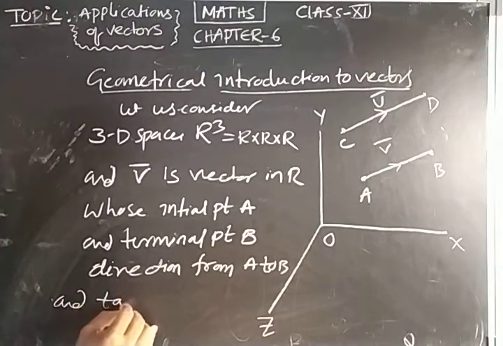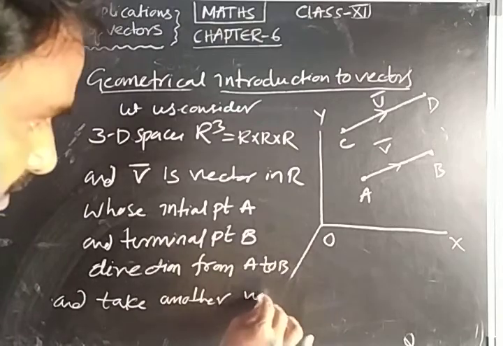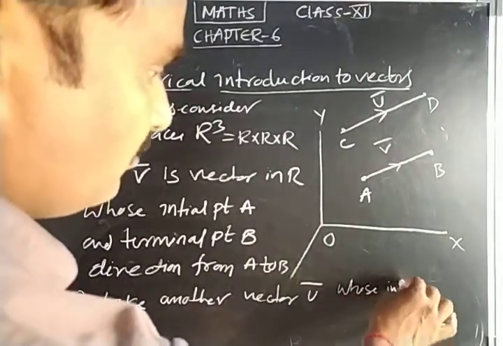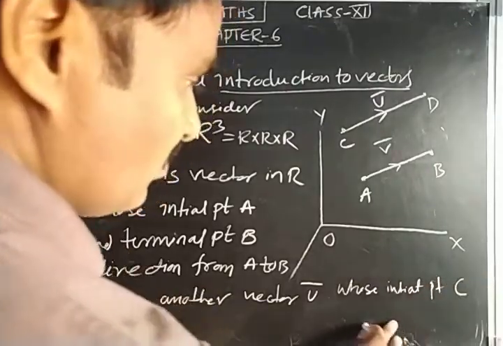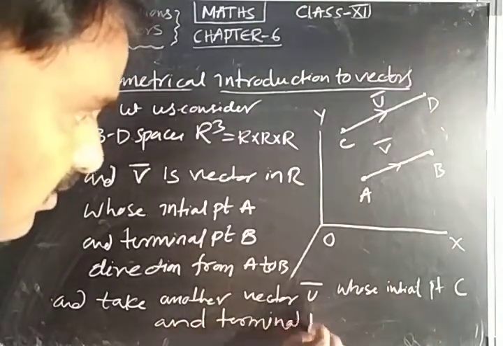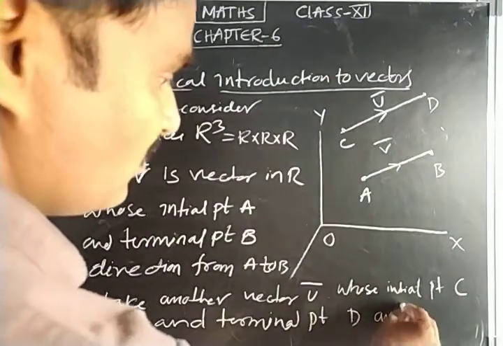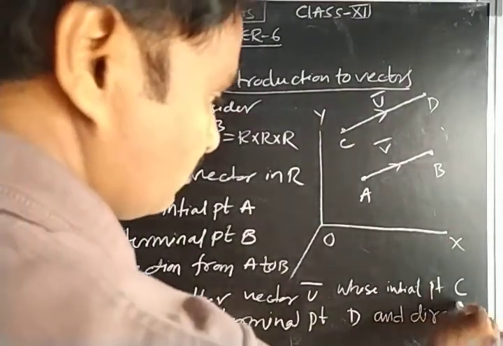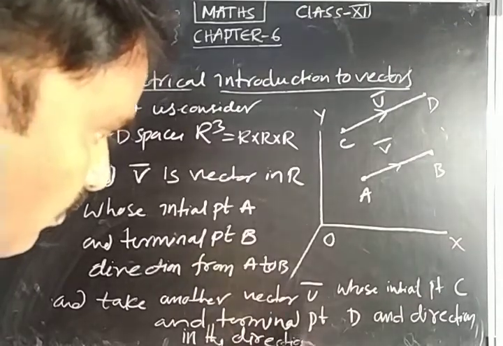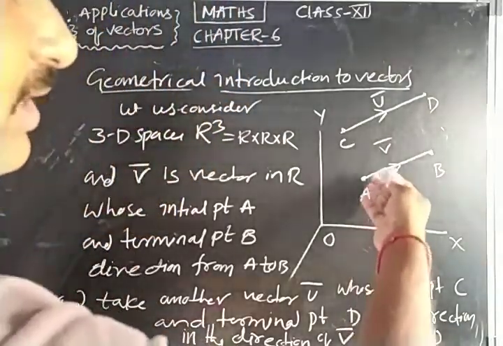And let us take another vector U bar, whose initial point is C and terminal point is D. I am taking initial point C, terminal point D, and the direction is in the direction of V bar, that is C to D. So I am taking the direction in the same direction as V bar.